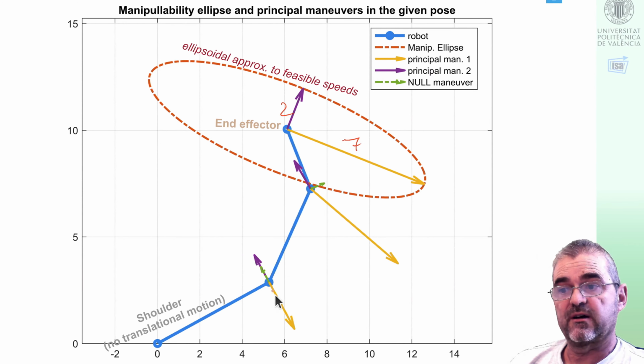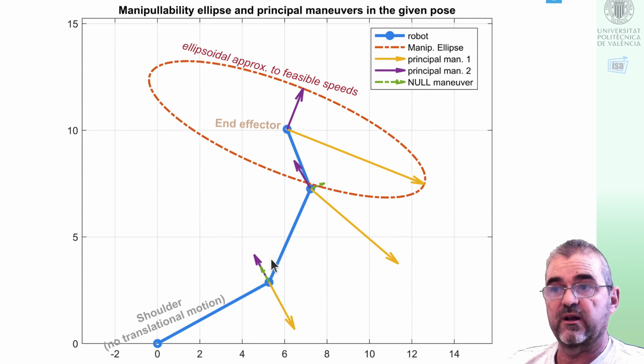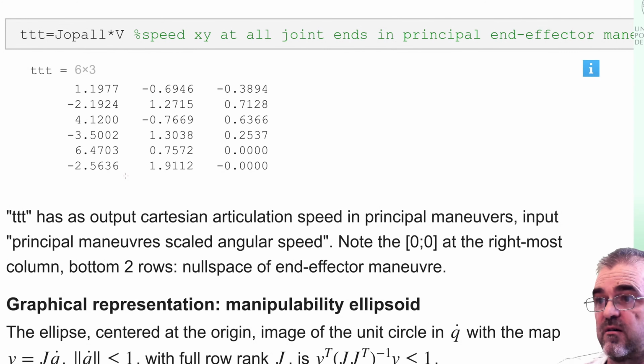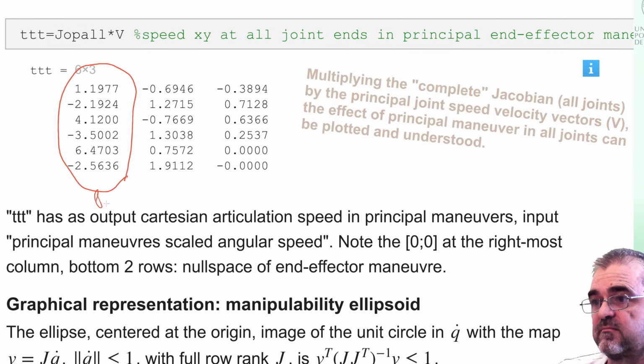And what are the other yellow and purple arrows? Well, they are the principal maneuver 1.